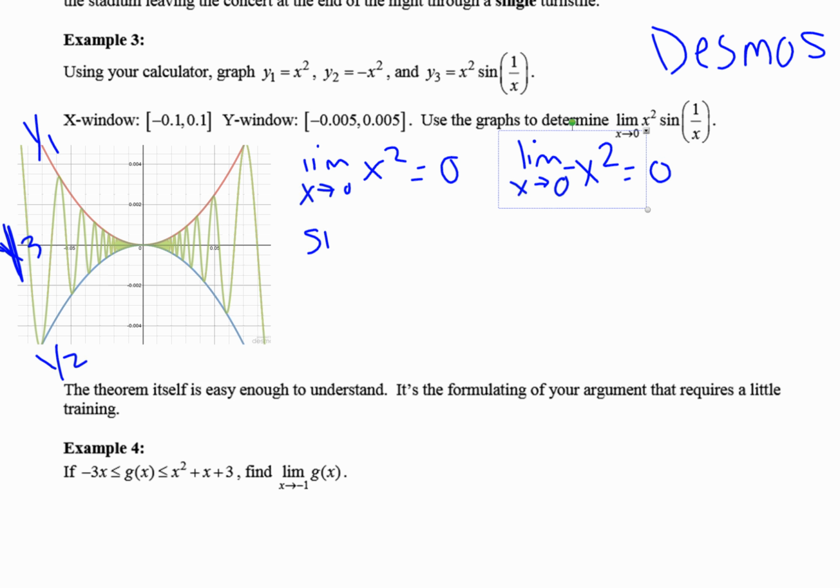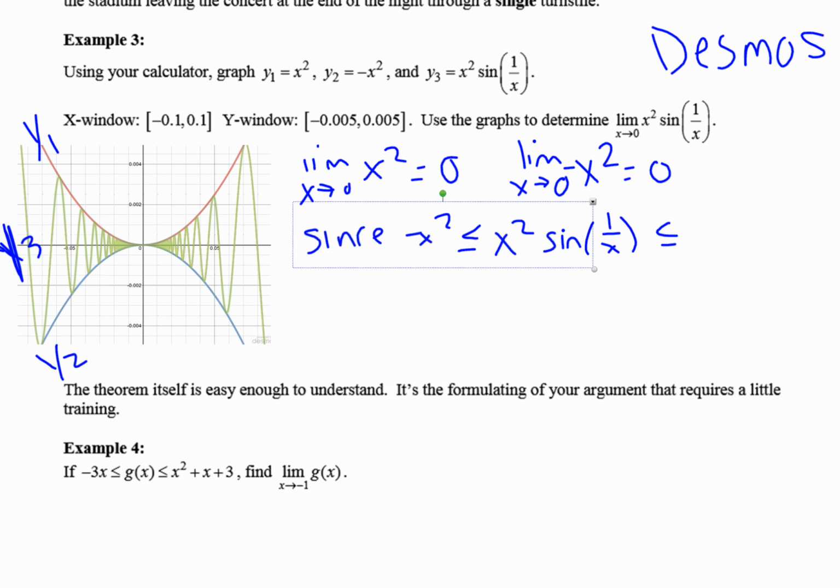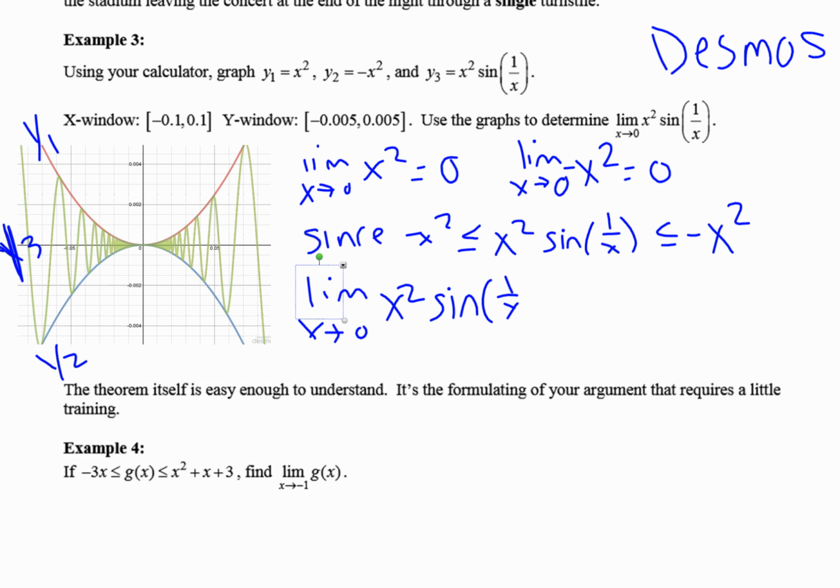So since negative x squared is always less than or equal to x squared sine of 1 over x, and that's always less than or equal to x squared, the limit as x approaches 0 of x squared sine of 1 over x equals 0 by the squeeze theorem.